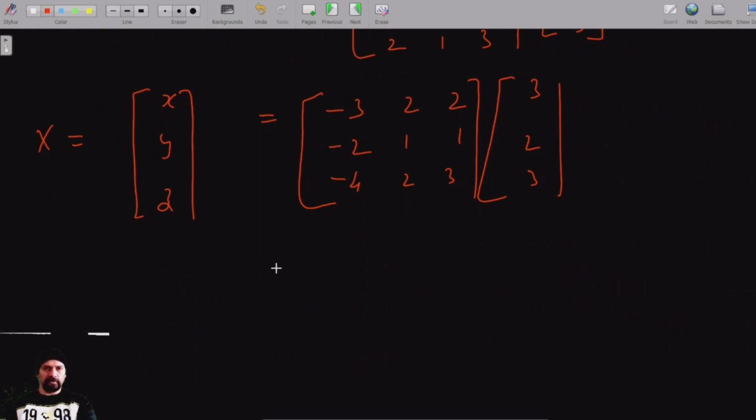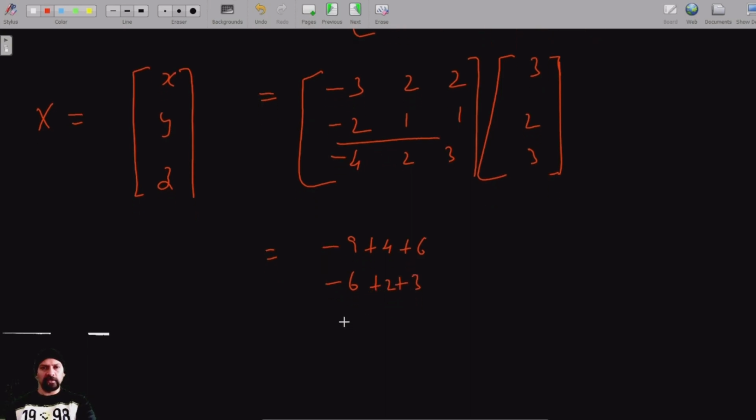Okay, so let's multiply this. Minus 3 into minus 3 is 9, 2 into 2 is 4, plus 6. Next one, plus column: minus 2 into 3 is minus 6, plus 2, plus 3. And it's minus 12 plus 4 plus 9.